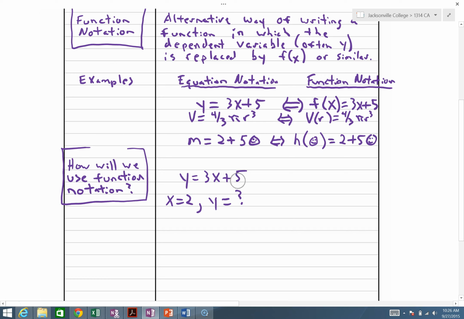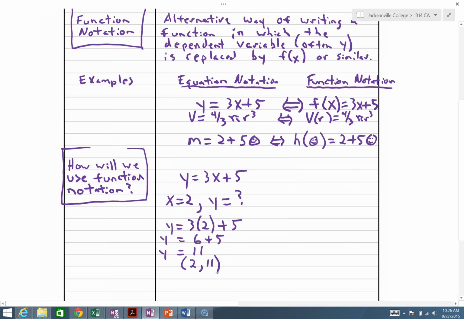So rewriting this equation as y equals 3 times 2 plus 5. Now I can evaluate this right side. 3 times 2 is 6. 6 plus 5 is 11. And we should have y here and y here. So what we see is when x is 2, y is 11. In equation notation, I would write that as an ordered pair, that 2 pairs with 11.